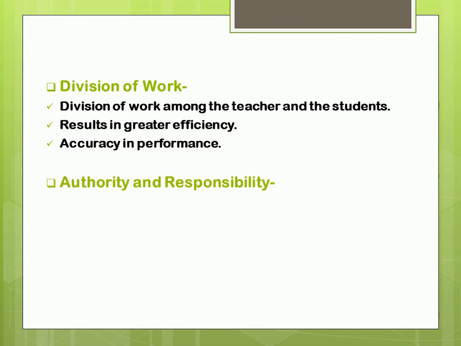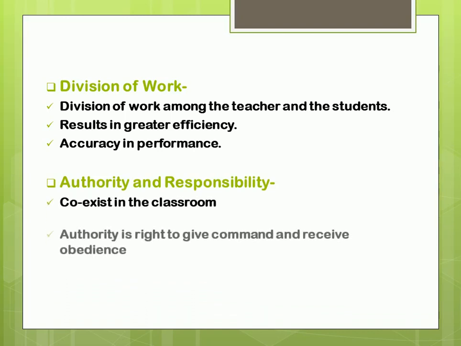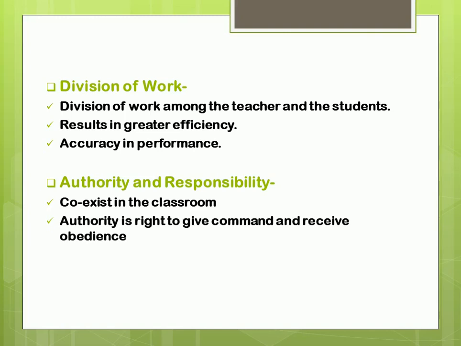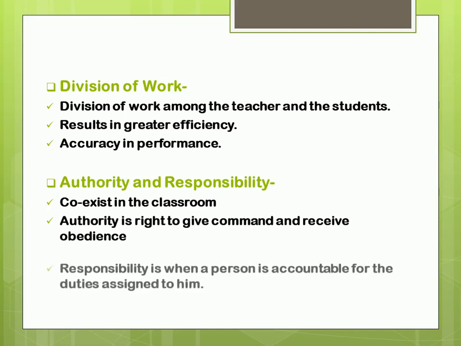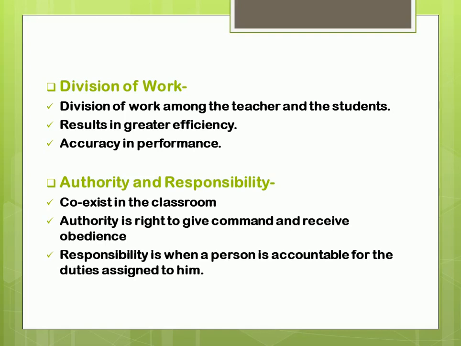The second principle is authority and responsibility. Authority and responsibility coexist in the classroom. Authority means to give command and receive obedience, and responsibility means a person is accountable for the duties assigned to him.